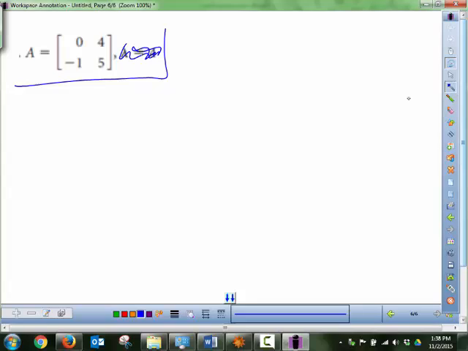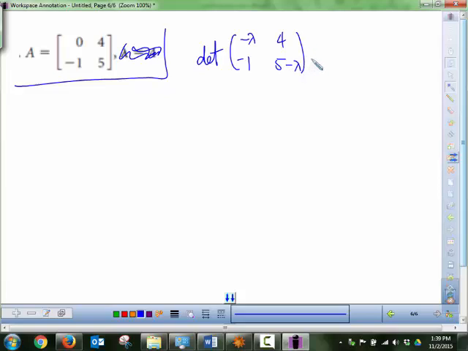So, after you've done this for a while, you'll be skipping steps, right? And so you'll go directly to the determinant of this minus lambda. So the diagonals will have the minus lambda, and the other parts will remain as what they were. So you see the steps that I skipped?